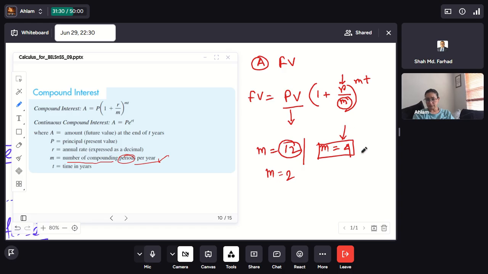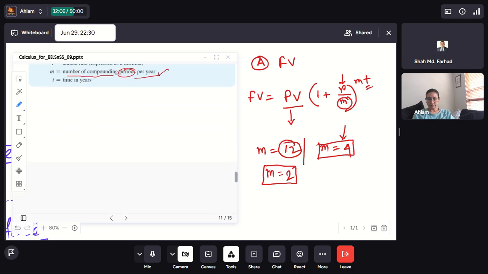If quarterly, the value of m is 4, that is 4 times in a year. And if compounded half yearly, it will be 2 times in a year, so the value of m is 2. And here t is the number of years.